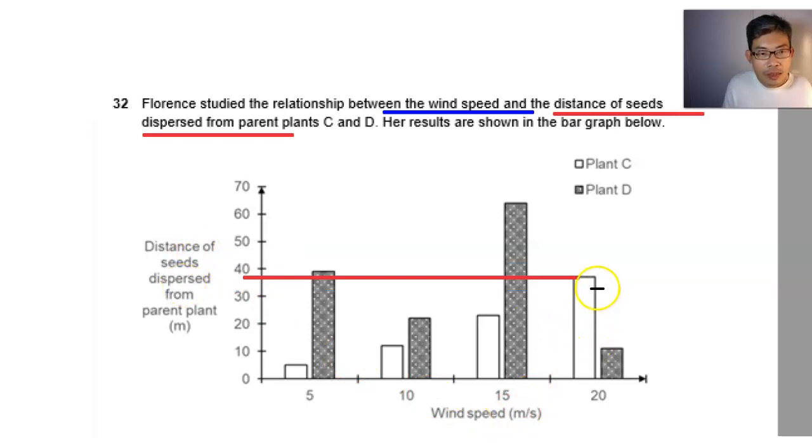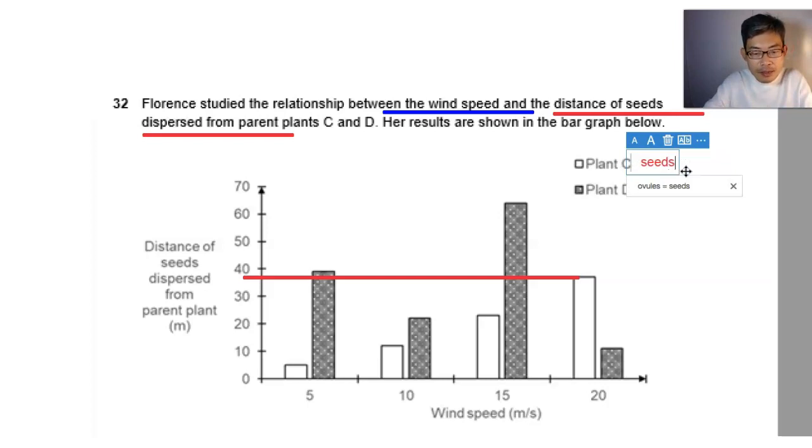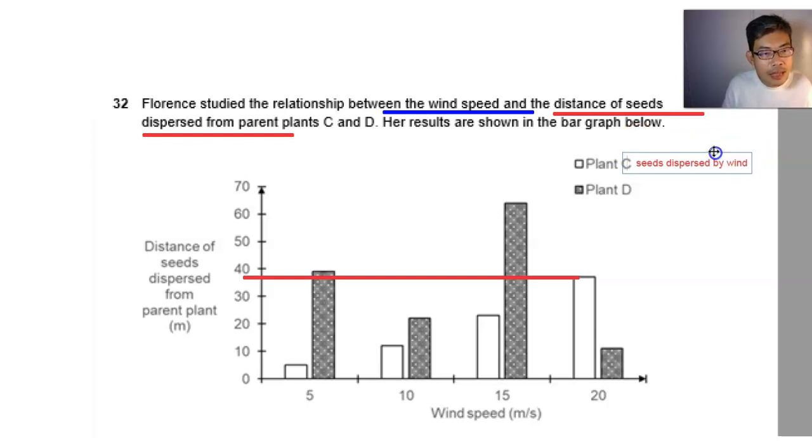That's for plant C. I think therefore plant C should be seeds dispersed by wind. I think that is my conclusion looking at the graph. As for plant D, you notice that it does not seem to depend on the wind speed very much.